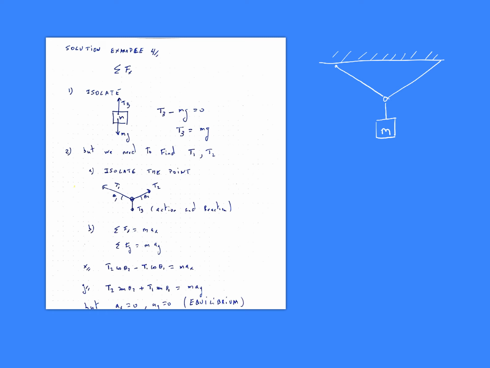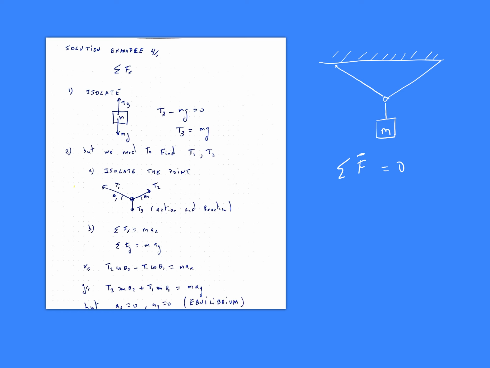This problem involves no acceleration. So the acceleration is zero because the body is in a state that we name equilibrium. Equilibrium means acceleration zero, so the sum of all the forces is zero.